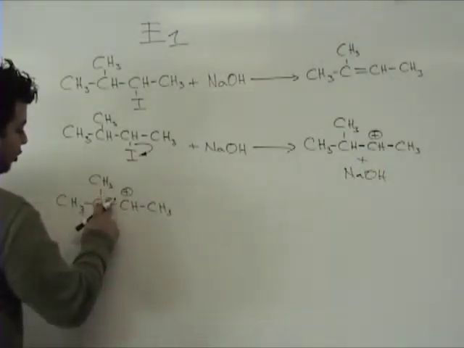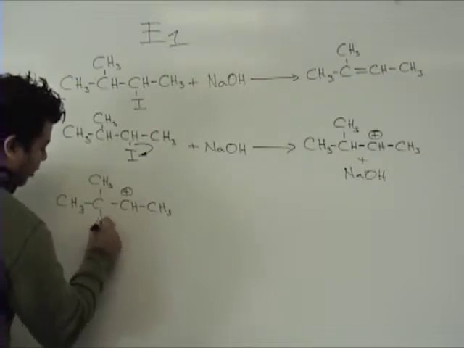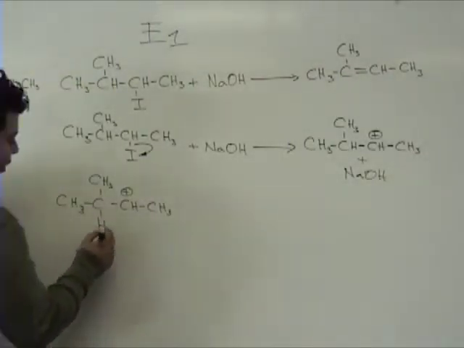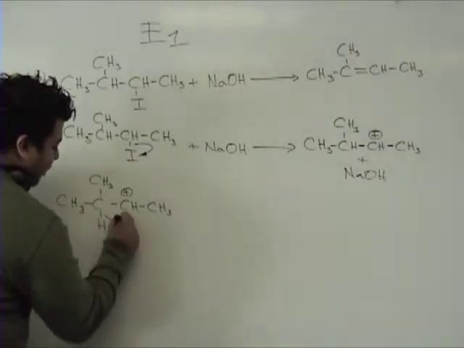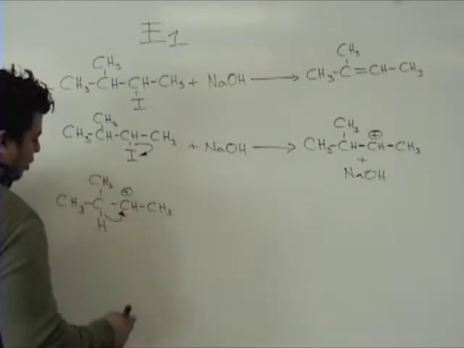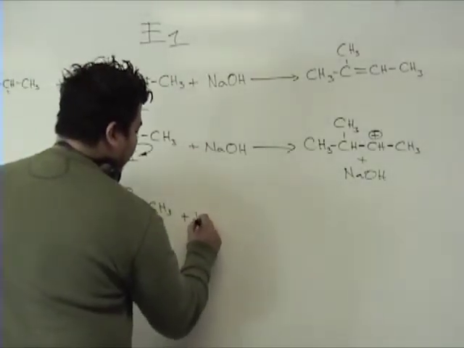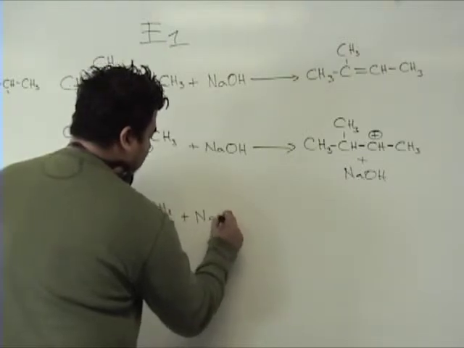So I am going to draw this hydrogen right here. And what will happen is a 1,2 hydride shift. This hydride is going to come here. And the result, we still got our base, just waiting.